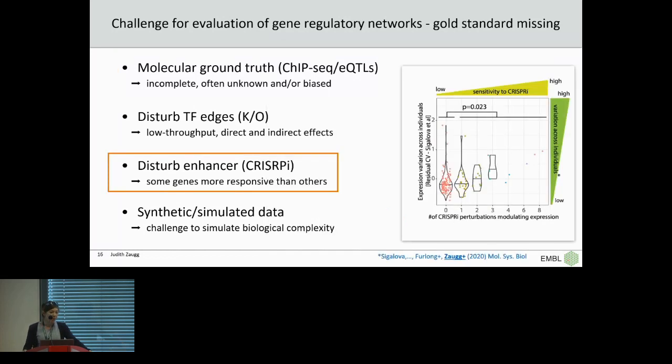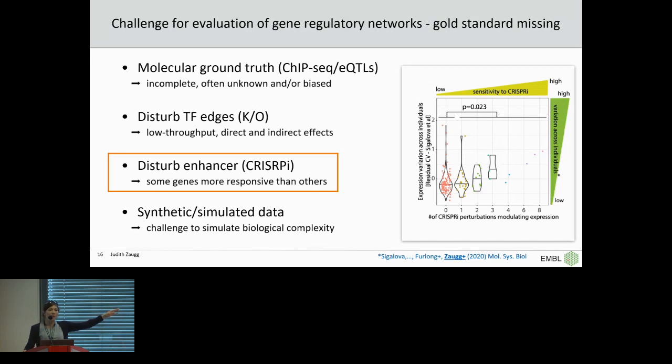You can perturb the TF edges, but this gives you a lot of very indirect effects. That's my second point. And the third point, I think, is quite important, also as a take-home message, because of course you can now perturb these enhancers with CRISPRi. Here is a figure that has on one axis the expression variation that I've shown you before in the first part, that is, variation across individuals, versus the number of CRISPRi perturbations that perturb a specific gene.